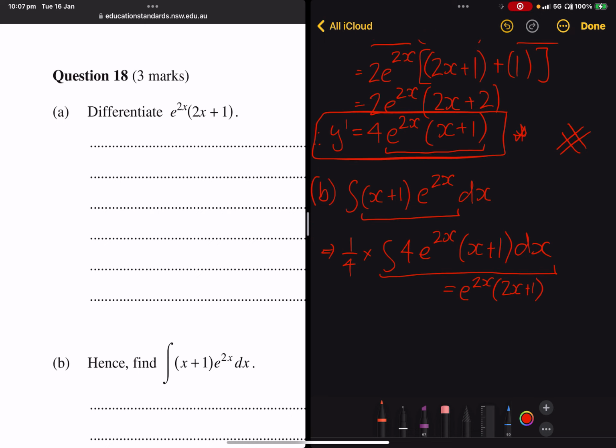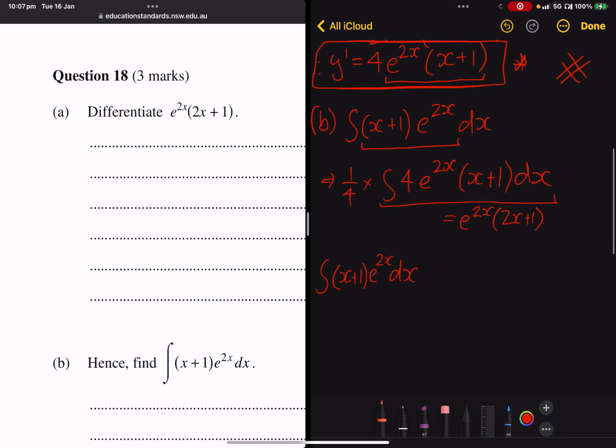And so this means the integral of x plus 1 times e to the 2x dx is going to be equal to 1/4 times e to the 2x times 2x plus 1 plus a constant of integration. And this is pretty much how you should leave the answer. This is in fact how the marker notes leave this answer.